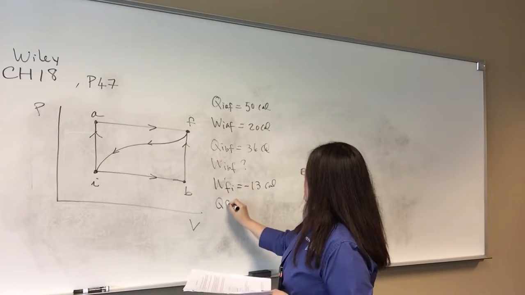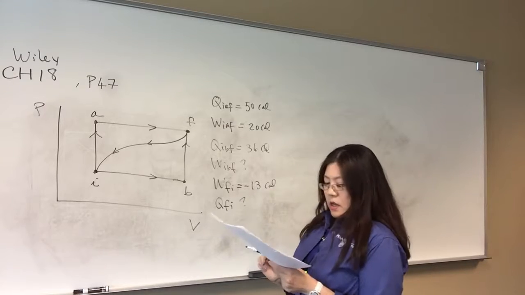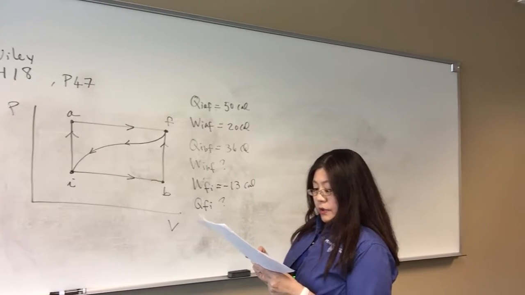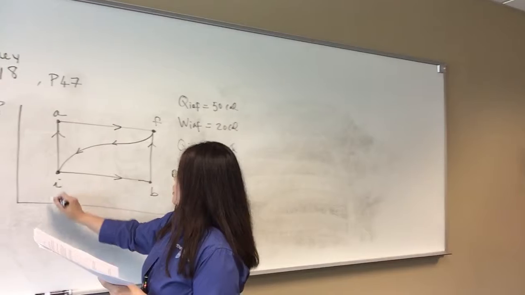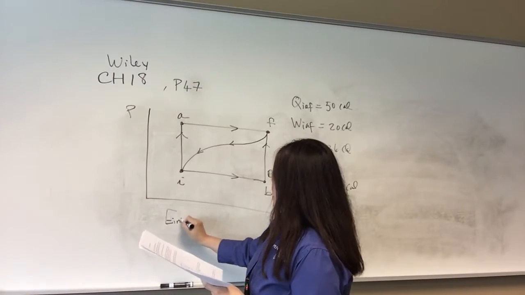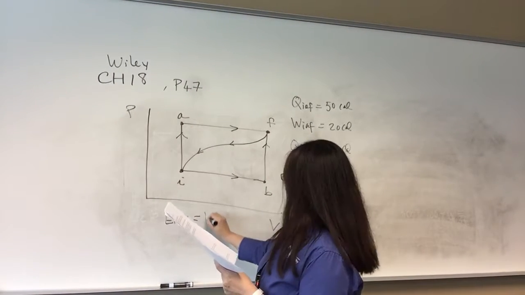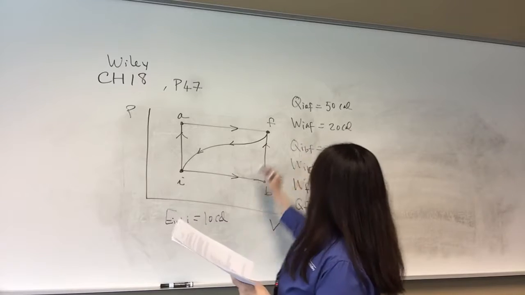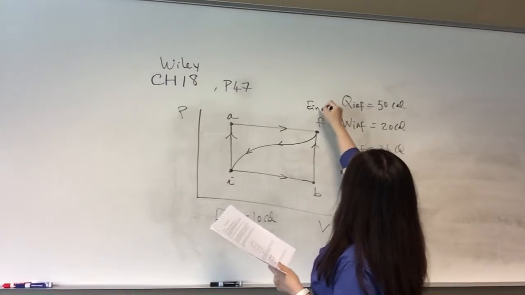So you want to calculate QFI. And then you will also find, if the internal energy at point I is 10 calories, what is the internal energy at point F?